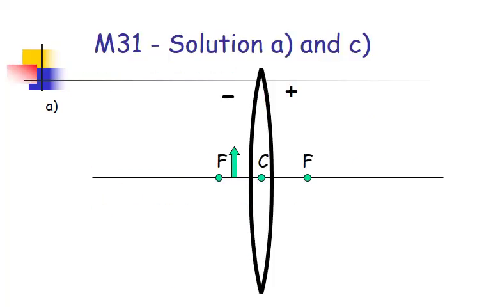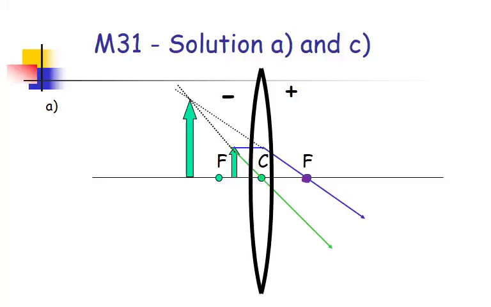All right, so we have our object. And we've got the parallel ray, then through the focus, center ray, trace them back. And we have our image located on the virtual side. And so it's interesting on this one, right? So it's inside the focus, focal length rather, because again, the focus is here.